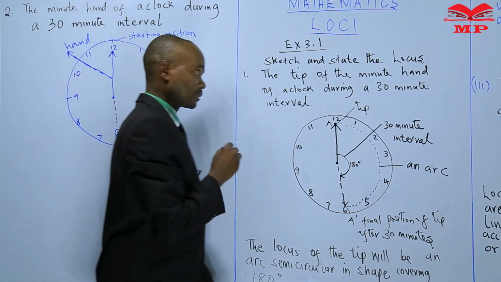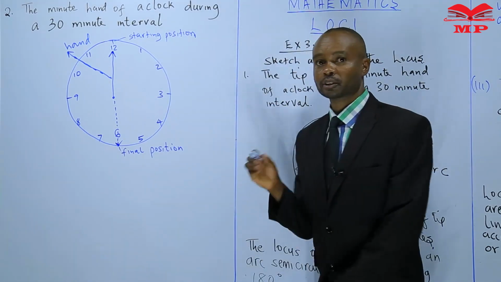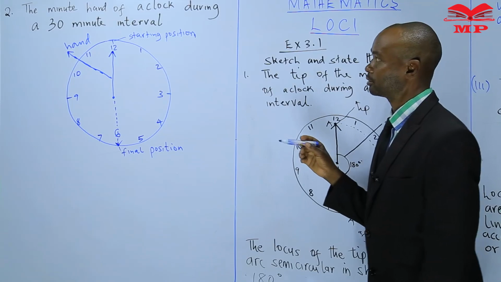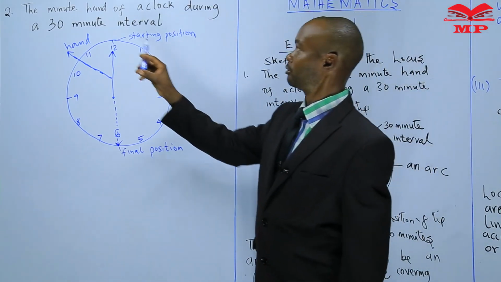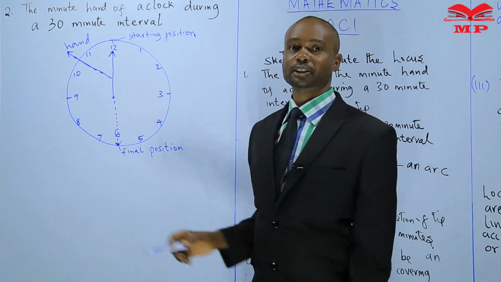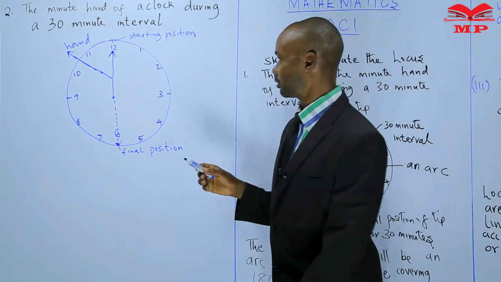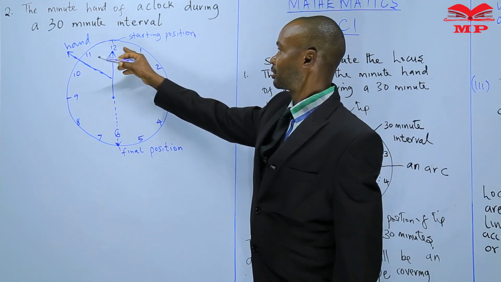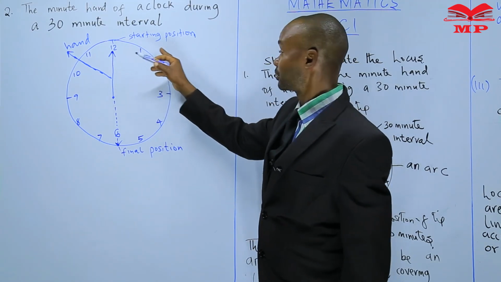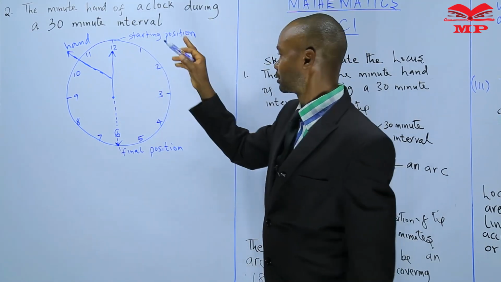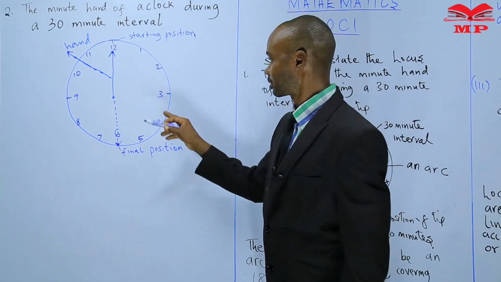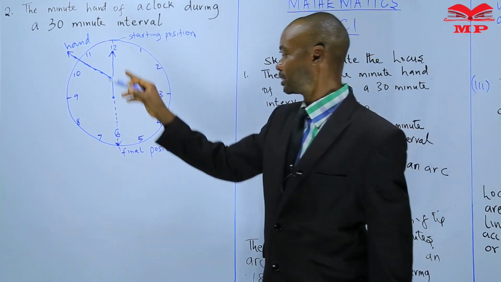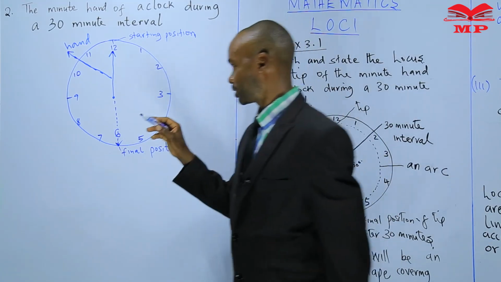So with the sketch, on the board, they told us the minute hand of a clock during a 30-minute interval. So it starts here, 5 minutes, 10 minutes, 15 minutes, 20 minutes, 25 minutes, and finally 30 minutes.